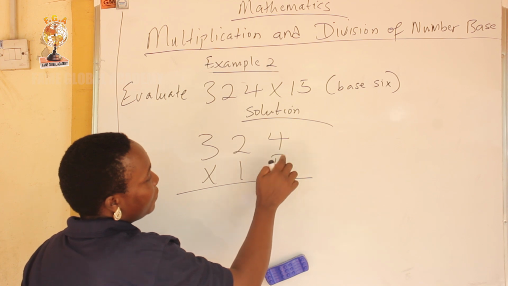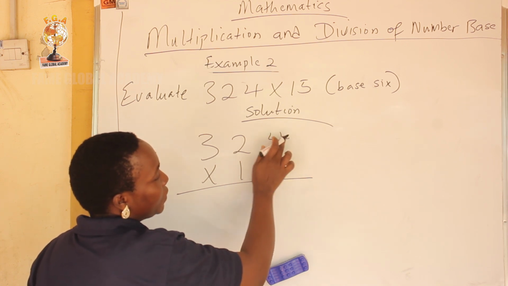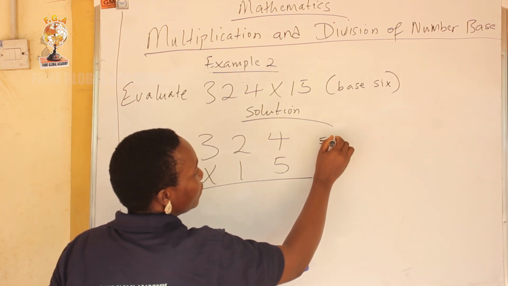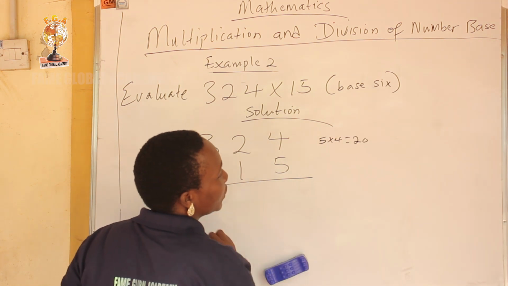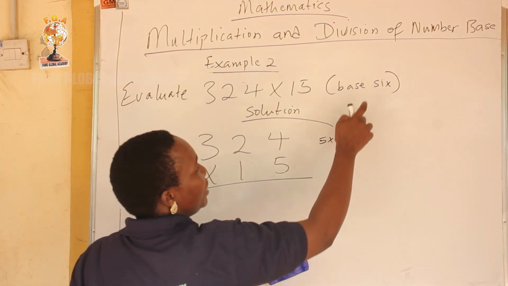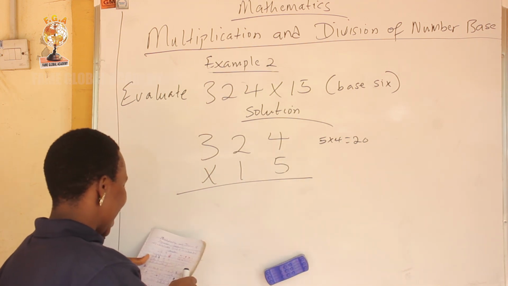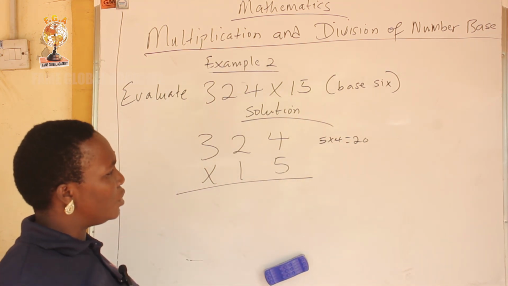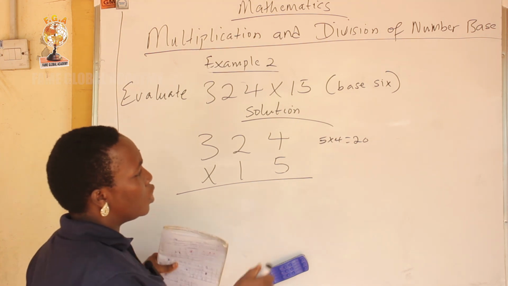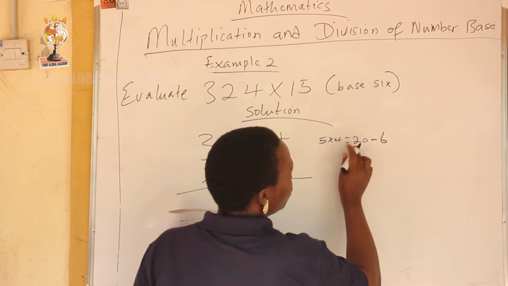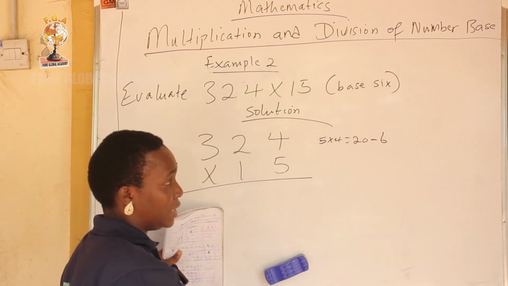This is 5 times 4. 5 times 4, that's what? 20. Now, how many 6 are we going to subtract from 20 for us to get an answer that is less than 6? I think we are going to subtract up to 3. 20 minus 6 will give us 14.